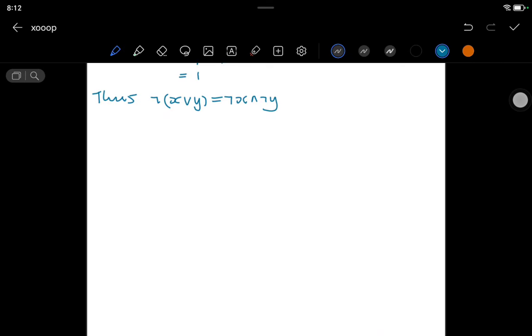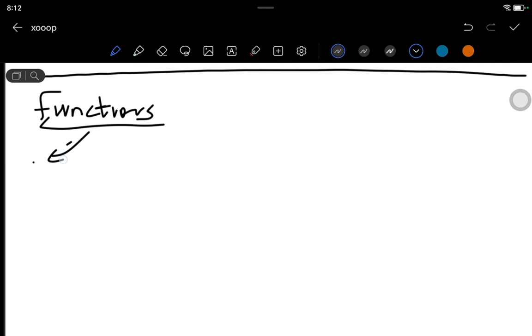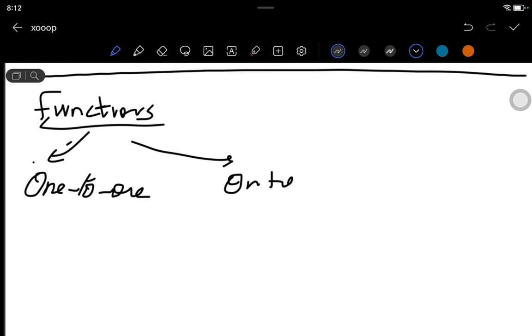the functions. There's also a question here based on functions. When we come to functions, guys, we're going to be looking at two types of functions, 1-to-1, and also the onto function. This one, 1-to-1, is called injective.